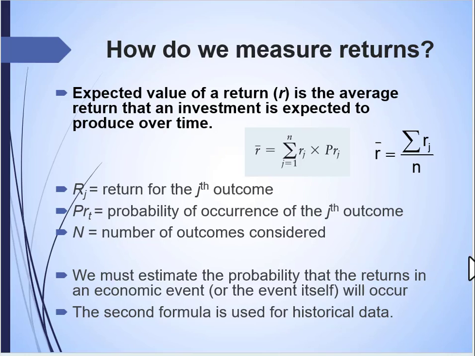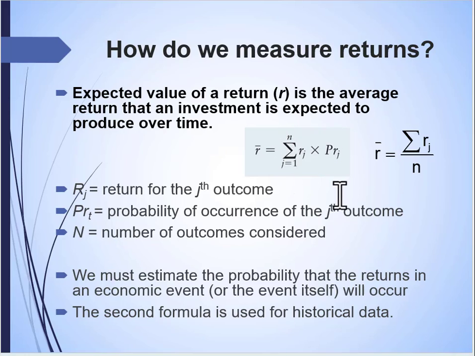So how do we measure returns? One of the best ways is to think about prediction, right? We're going to predict future returns. So we have a very basic formula here. Sigma says add the things after me together. So you take the returns and multiply it by the probability that that return occurs, and then you add those all up.